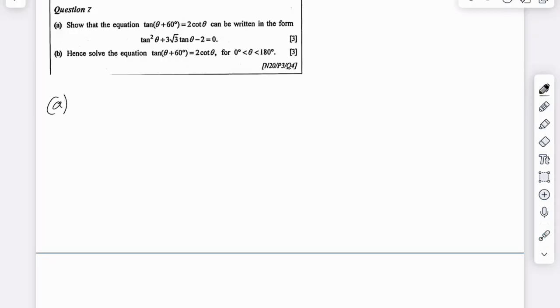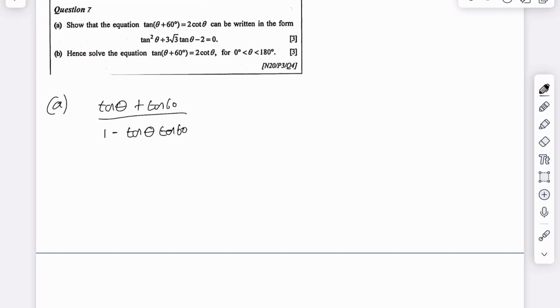All right, guys. Now for number 7, okay, 7a, it wants us to show that tan theta plus 60 degrees equals 2 cot theta can be written in this form. So the way you do that is you say this. First off, what is tan theta plus 60 degrees? Well, tan theta plus 60 degrees is equal to tan theta plus tan 60 over 1 minus tan theta tan 60.